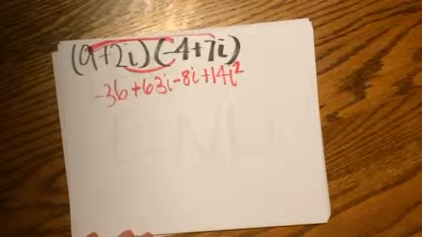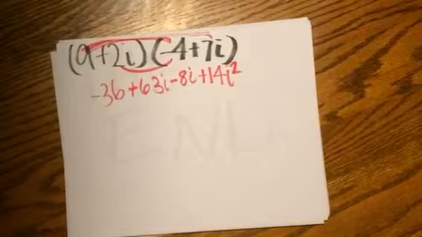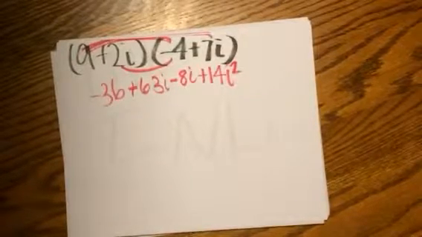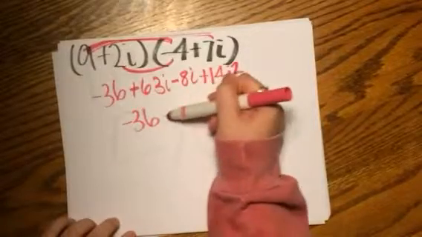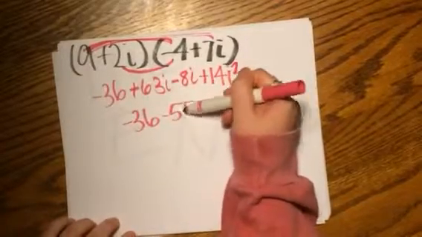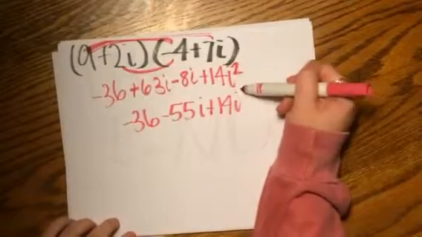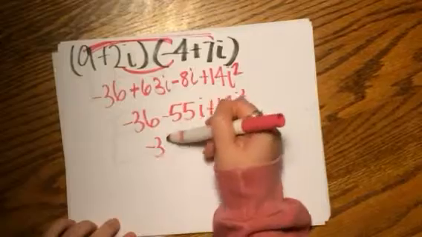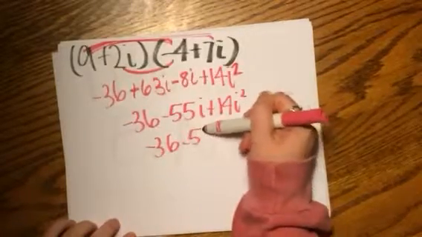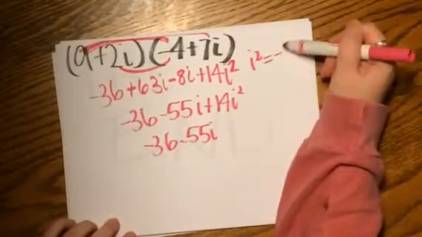So we're going to combine like terms. So 63 minus 8 gives us 55i. So we have negative 36 plus 55i plus 14i squared. So we have that i squared still, and i squared is equal to negative 1.